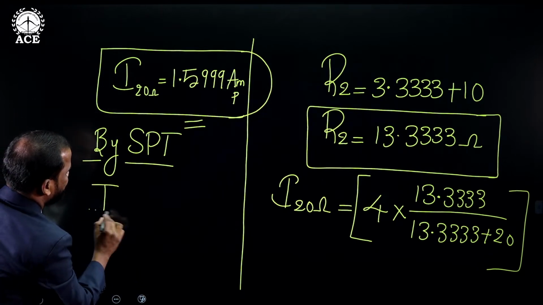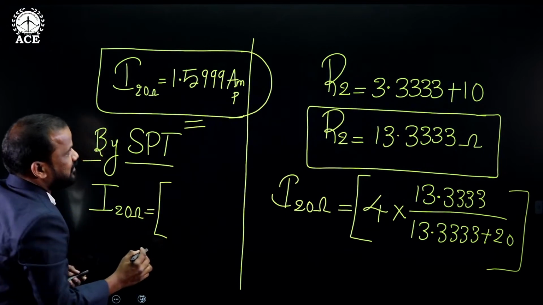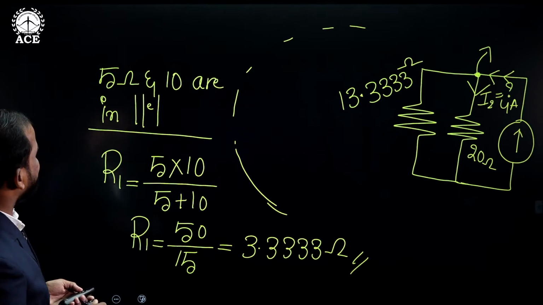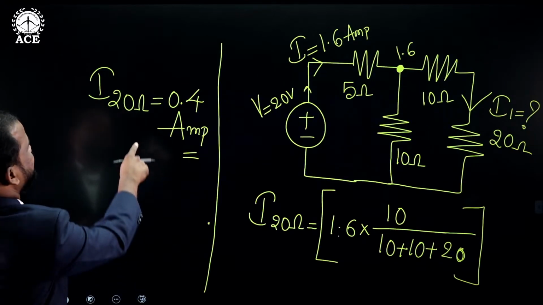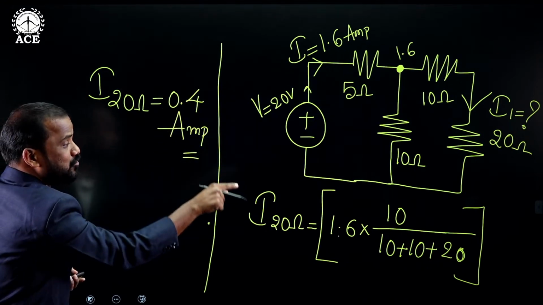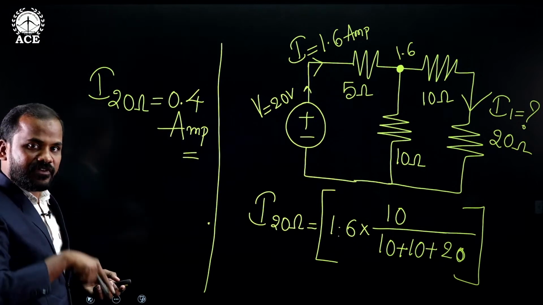So the current flowing through 20 ohms is equal to the value of current under case number 1. What is the value of case number 1 current? 0.4. 0.4 ampere of current is flowing through the 20 ohm resistance when the 20 volt voltage source is acting individually.